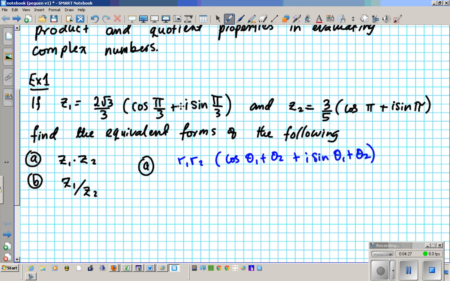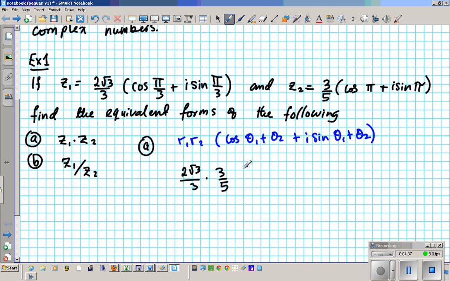So this is r1 and r2, and we're going to multiply them. We're going to have 2 root 3 over 3 times 3 over 5, and that will take cosine of pi over 3 plus pi. How about we convert these to degrees so it's much easier? We know pi over 3 is 60 degrees, because pi is 180 and 180 over 3 is 60, and pi is just 180.